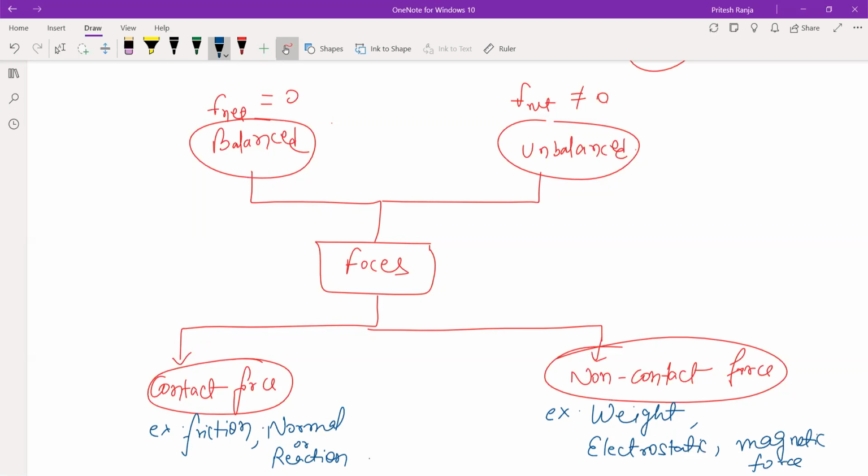So let us first see what is this contact force and non contact force. So anyone will try to define what is contact force.